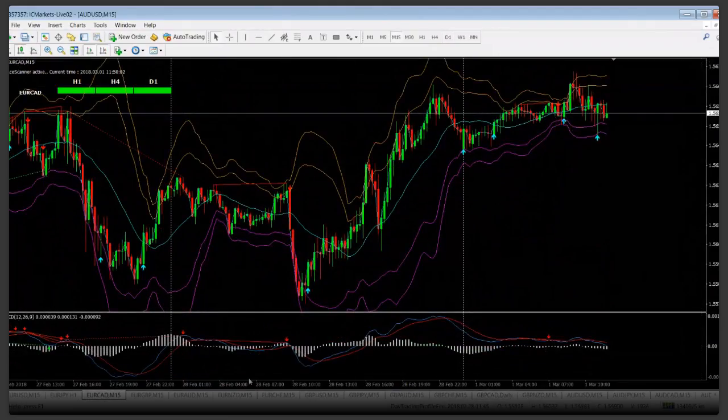Euro CAD's not really going anywhere. Just check that trade now. 3 pips out.